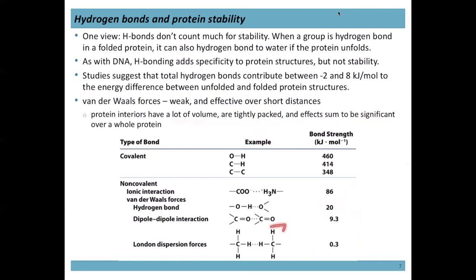But if I can take these nonpolar groups and get them to associate, I do get a small amount of energy, but if I get a lot of those, that can sum to a large amount. The other advantage is, as I move these hydrophobic groups out of water, I really get an entropic payoff there.